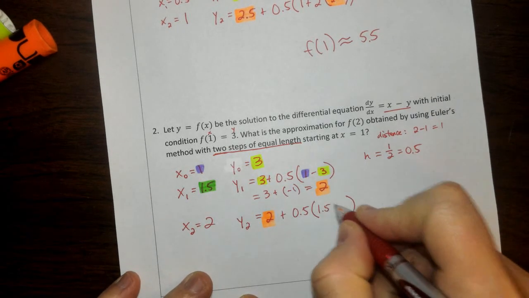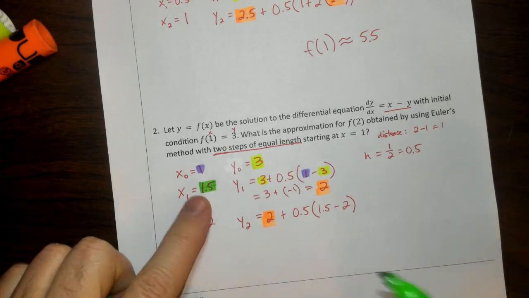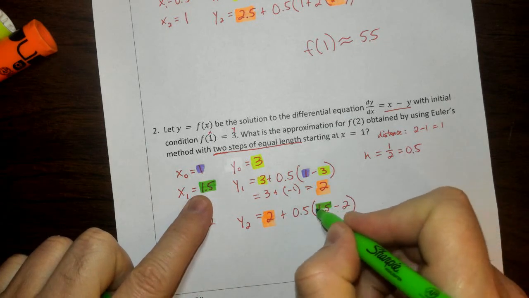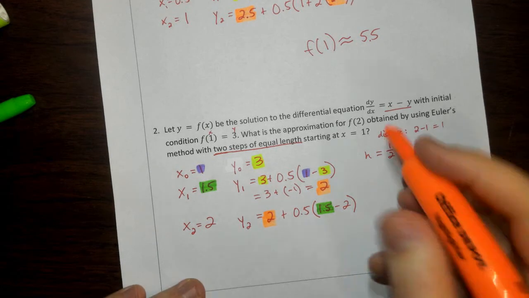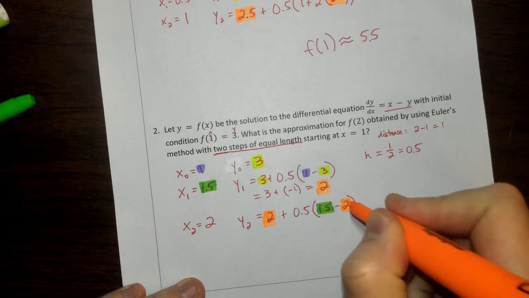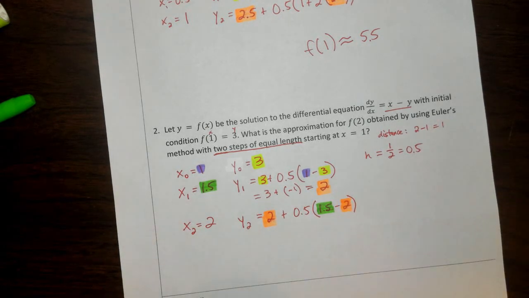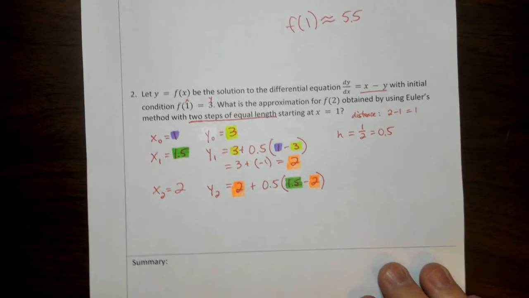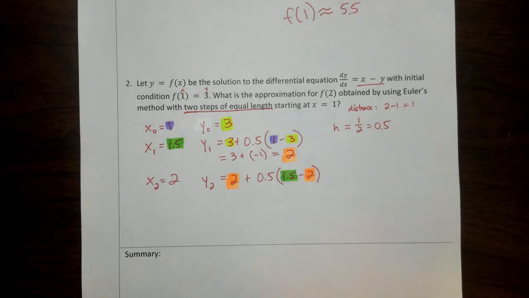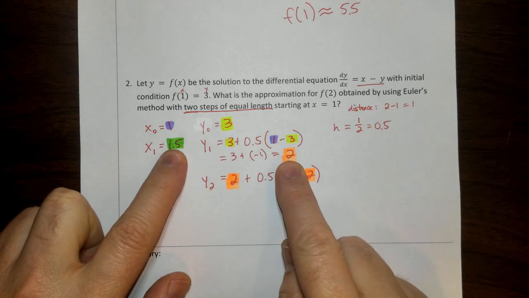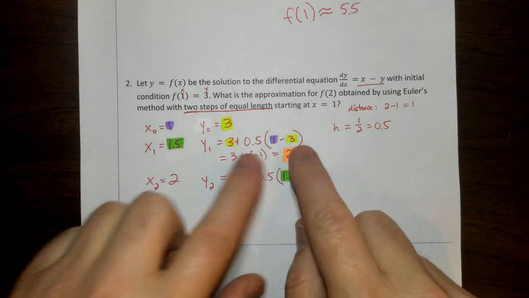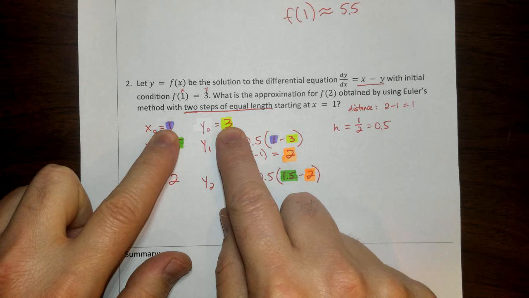So 1.5 minus 2, and again, that 1.5 came from the previous point, and the 2 came from the previous point's y value. Very colorful notes today for me. I just wanted to make sure that you could see where those numbers come from. That x minus y from the previous line, the x and the y from the previous.